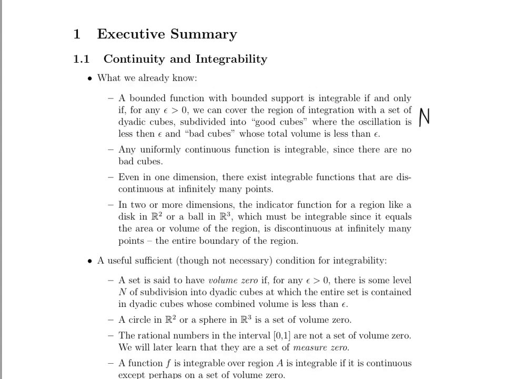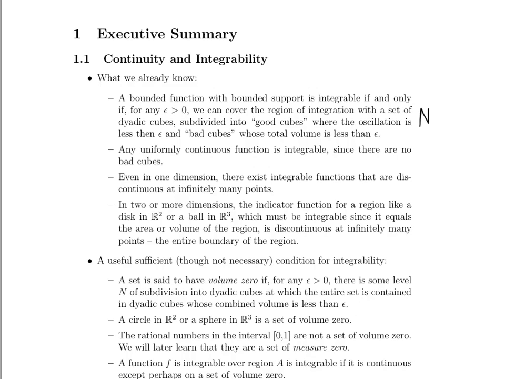Note that the rational numbers in the interval 0 to 1 are not a set of volume 0. There's no way to capture all of them in a set of cubes whose volume you can make arbitrarily small. The problem with the rationals is that you can find a rational between any two real numbers. And so the entire interval from 0 to 1 has to be covered. It doesn't matter how fine a level of dyadic division or how high your capital N is, every single infinitesimally small dyadic cube will contain a rational in it.